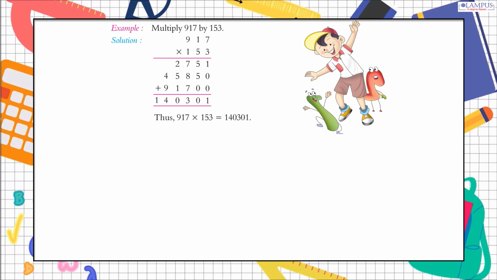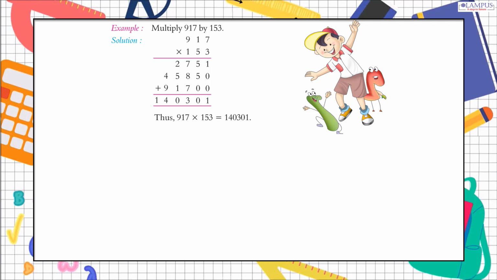Multiply by 100. 917 times 100 equals 917 hundreds equals 91,700 ones. Write this product in the respective columns under the second product.